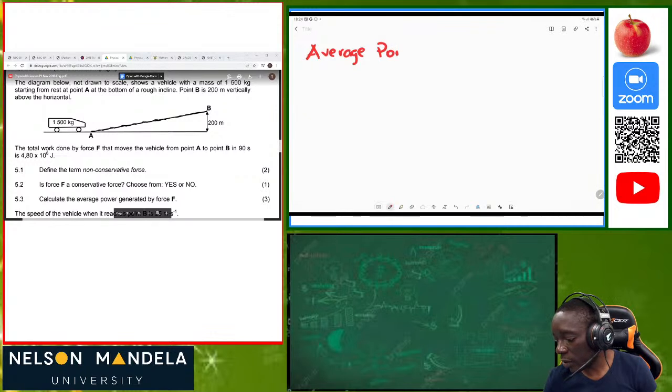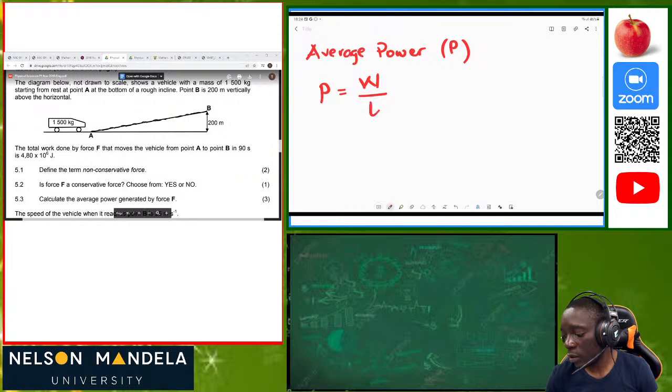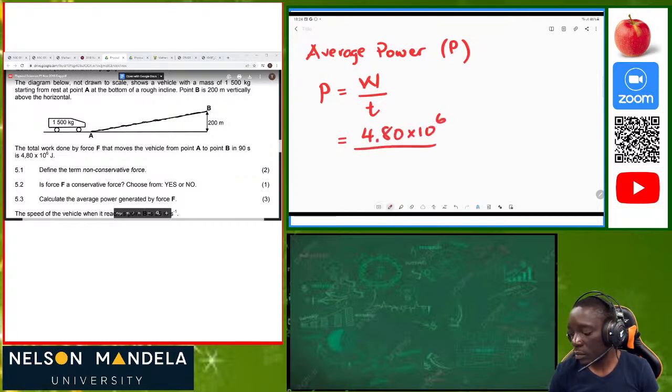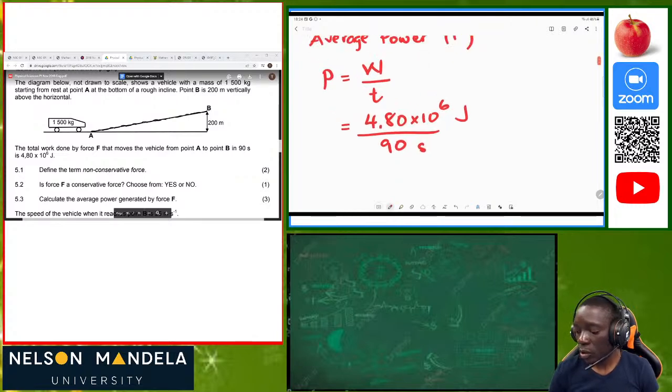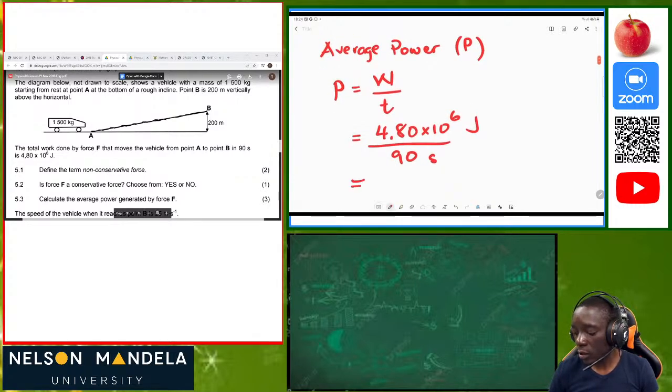So average power will be the work done over the time taken, in joules per second, which is the watt.